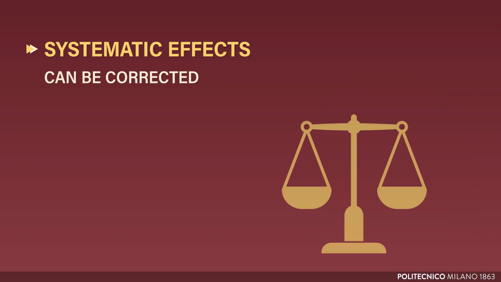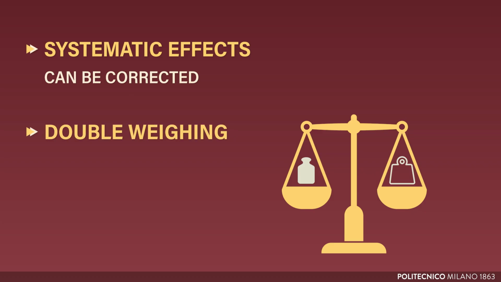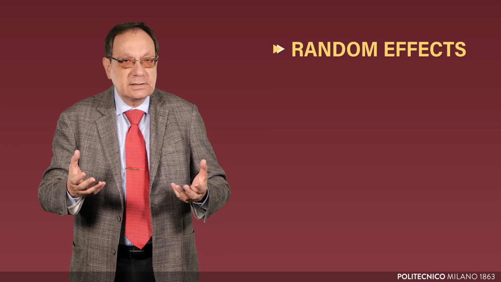For example, in the case of a beam balance, using the double weighing method, the unknown mass and the reference mass are swapped and the average of the two weighings is computed. If, as recommended by the GUM, corrections are applied for all systematic effects, what should we expect? The consequence is that only random effects remain.